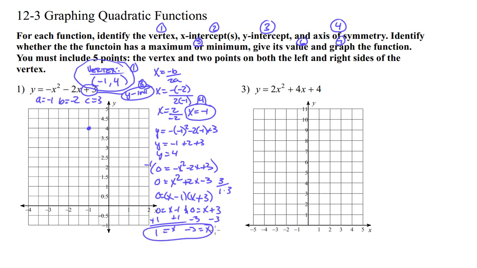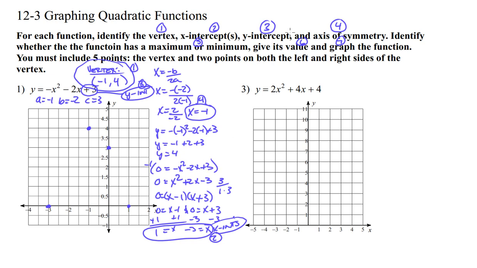So these are our x-intercepts, okay, which is number 2, or part 2, right? So let's see, we should use some of these. The y-intercept is at +3, so we know we've got a point at 3. X-intercepts are at +1, -3. So look, we've got a whole bunch of points going on already, so that's good.